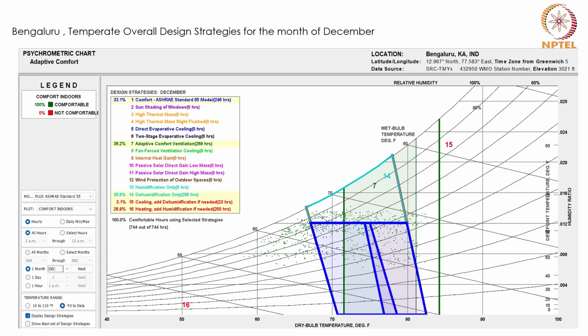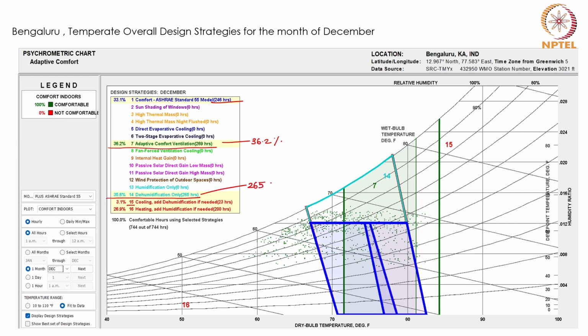In order to make 100% of the hours comfortable, we already saw that 246 hours are comfortable by itself. Then by adopting comfort ventilation, 36.2% of the hours become comfortable, and if we are able to dehumidify, then 265 hours become comfortable.